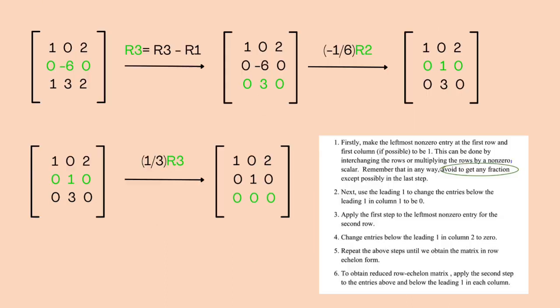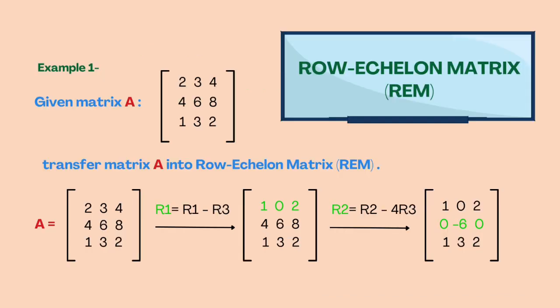Okay, next step. The value of 1 in the first row on the left, we must change the values below that 1 to become 0. The values under 1 are 4 and 1.